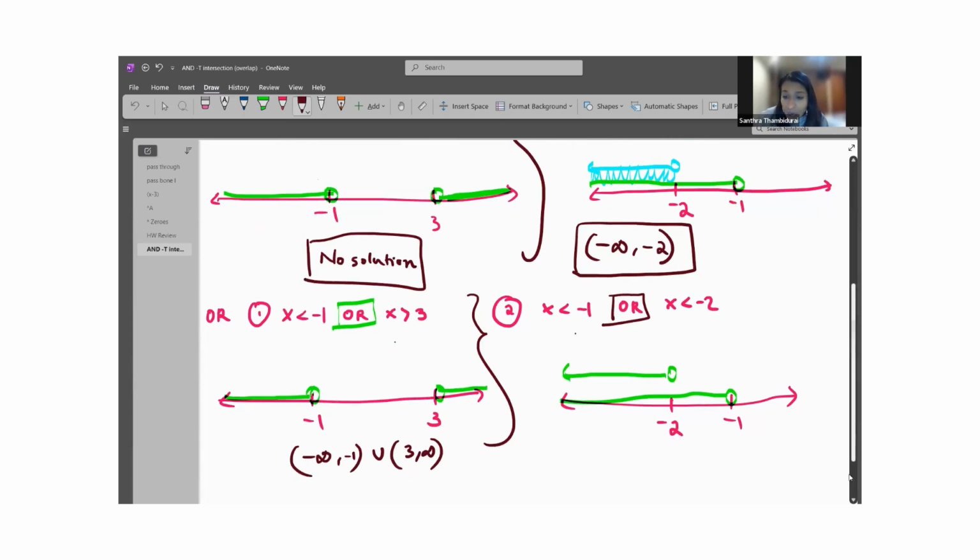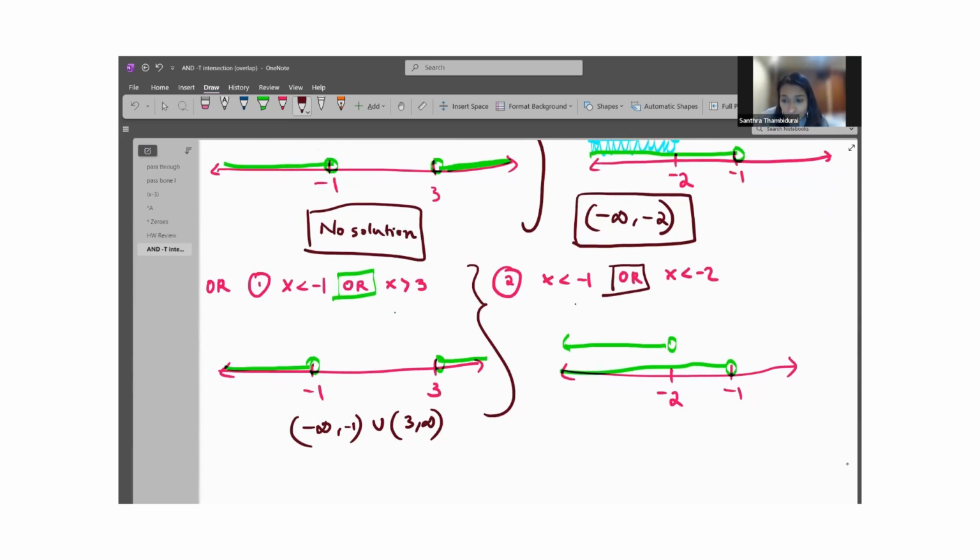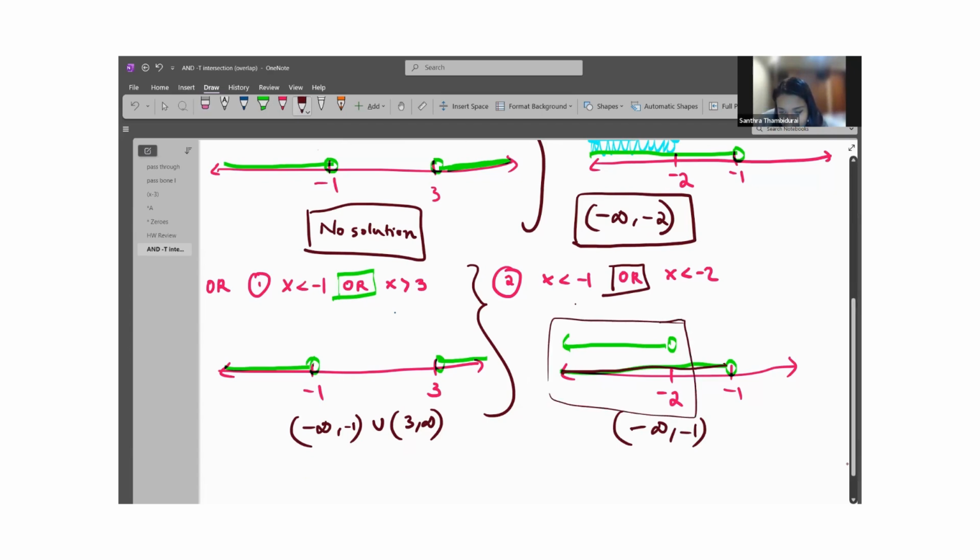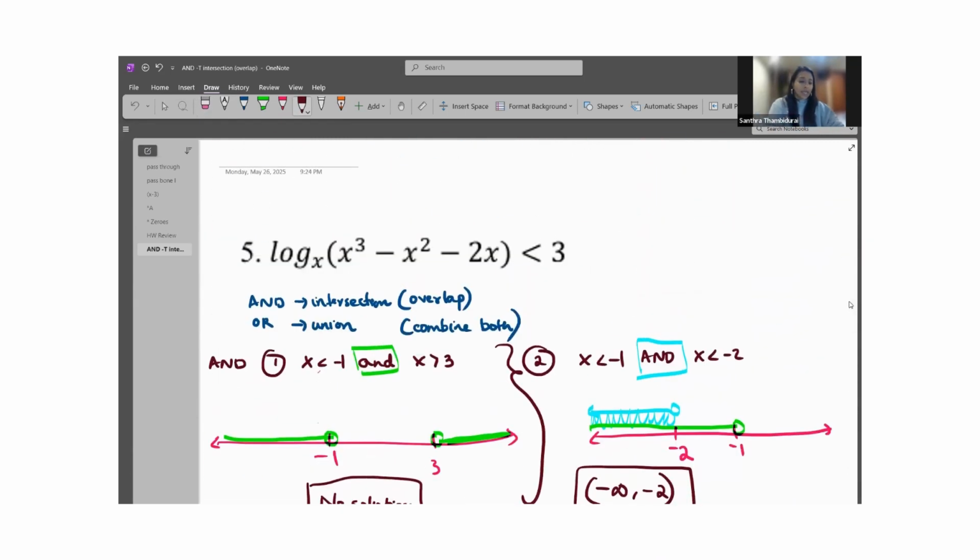So in this particular case, if you just say x is less than -1, that automatically contains x is less than -2 also. So here, you can write the solution as just -infinity, comma, -1, because x is less than -1 already covers x is less than -2. So this solution has both those inequalities inside it, and you need both inside it if it's combined by an or. Okay?